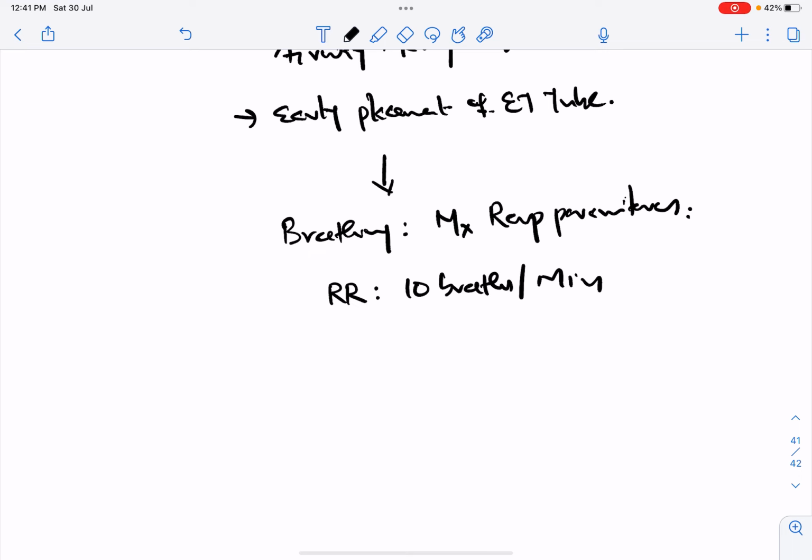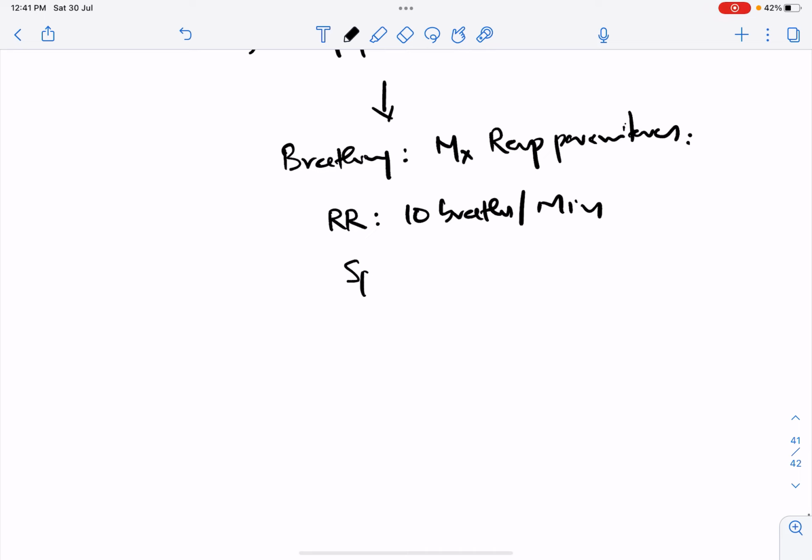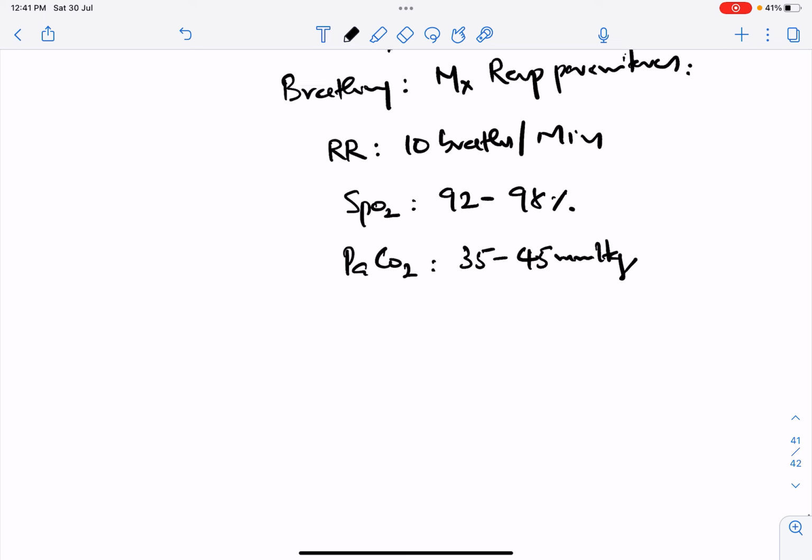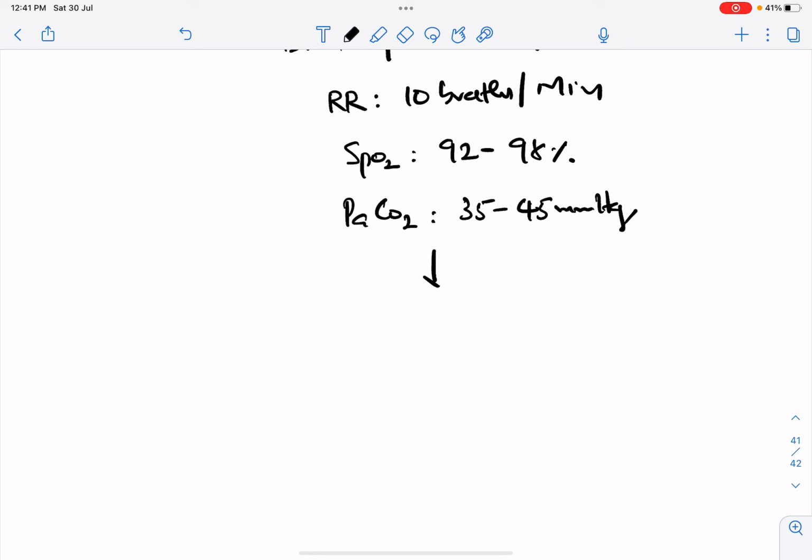You have to maintain a saturation of 92 to 98%, and the PaCO2 should be between 35 to 45 mmHg. For this, capnography should be monitored. Avoid hyperventilation.